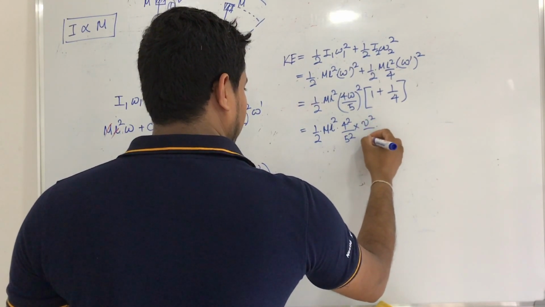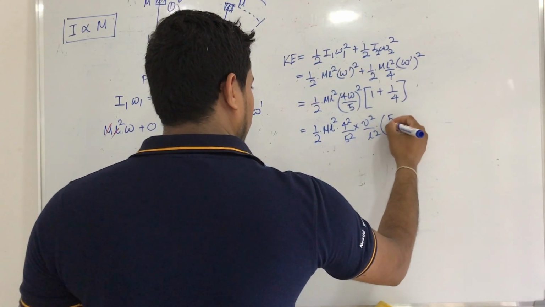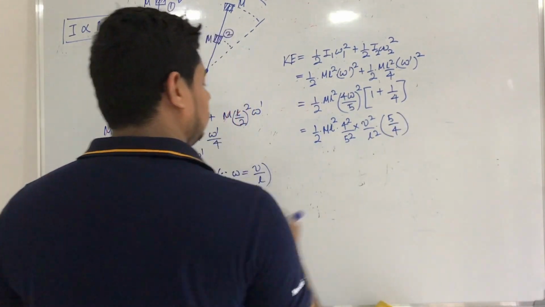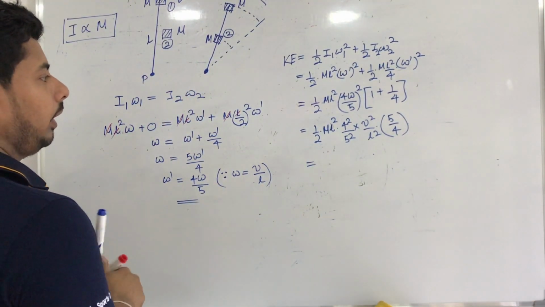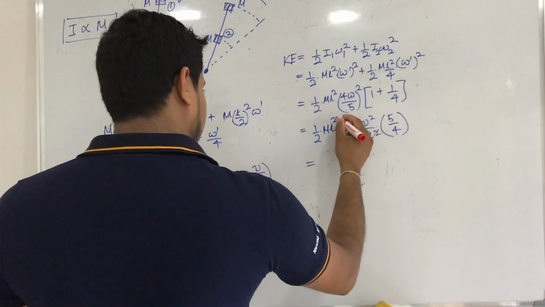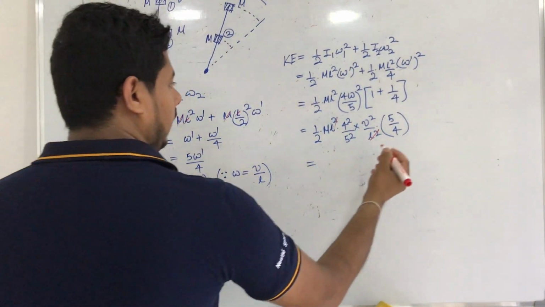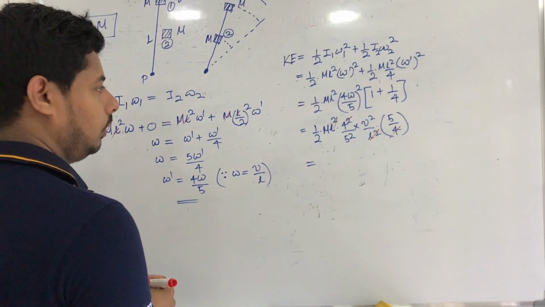V square divided by L square times, here you can write 5 over 4. Now you can simplify. L square and L square cancel out. Here you have 4 and 4 squared, you can cancel that.